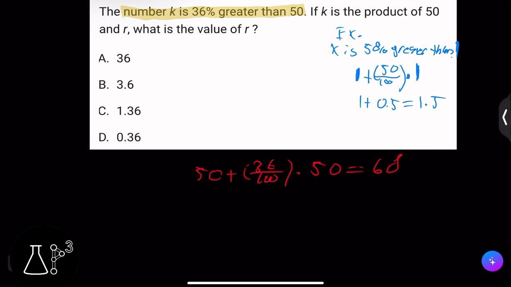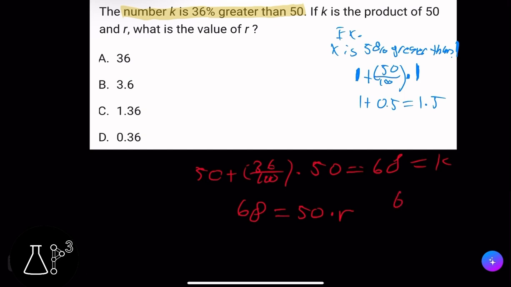So now that we know that K is 68, I just plug that into the first equation. I'm given that K is the product of 50 and R, and we're asked for the value of R. So if K equals 68, which equals the product of 50 and R, we're just multiplying 50 times R. So it's like an algebra equation now.